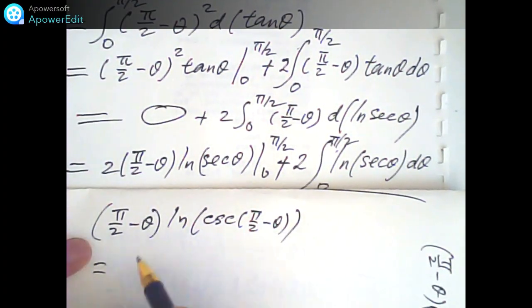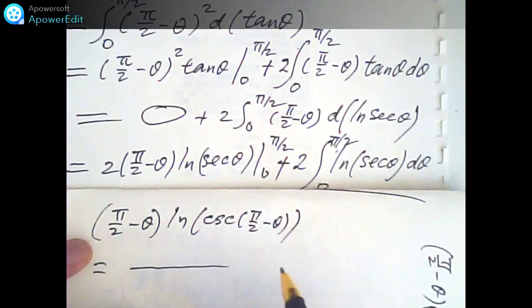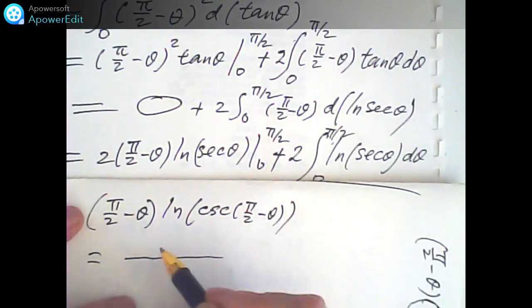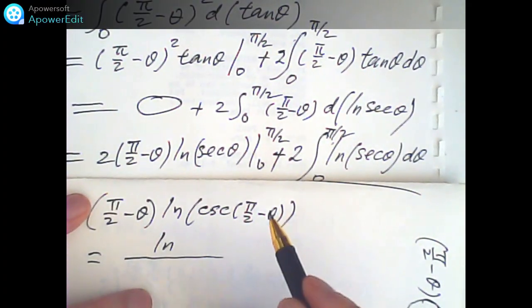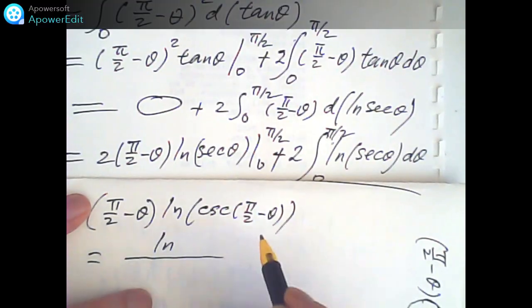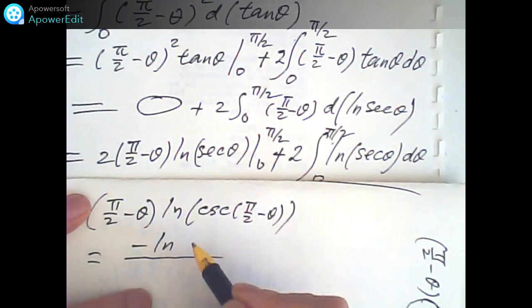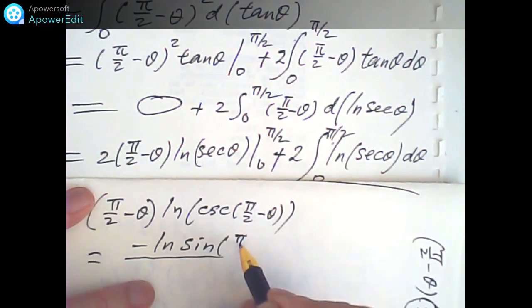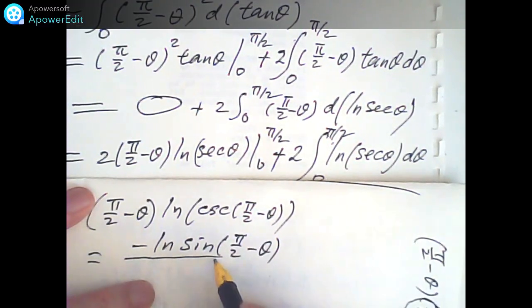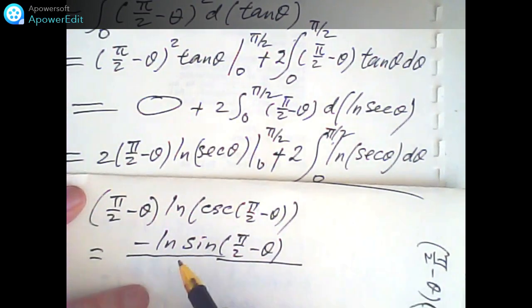This one is equal to log, negative log sine half pi minus theta, isn't it? Yeah, this one is 1 over half pi minus theta.